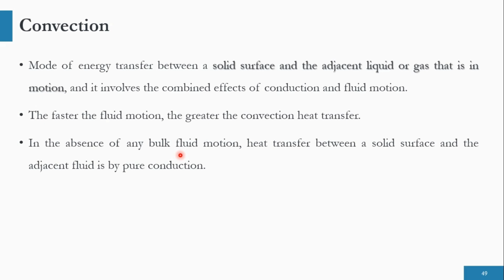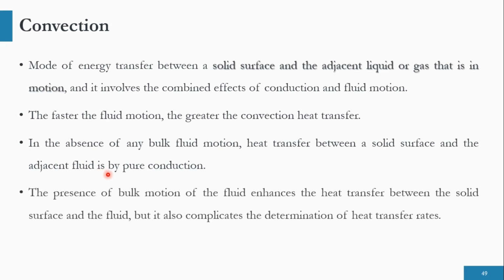So accordingly, it is justified that in the absence of any bulk fluid motion, the heat transfer between a solid surface and the adjacent fluid is by pure conduction. It means that if there is a fluid present but no bulk motion involved, the heat transfer mechanism will be conduction, but if there is bulk motion of fluid, then the mechanism will change to convection.